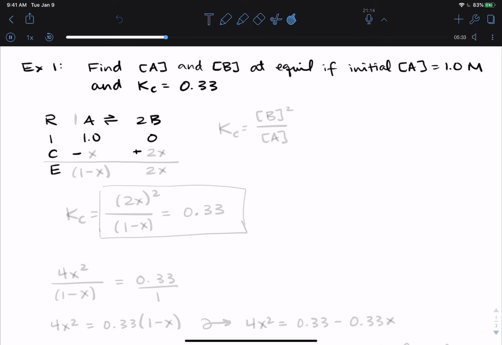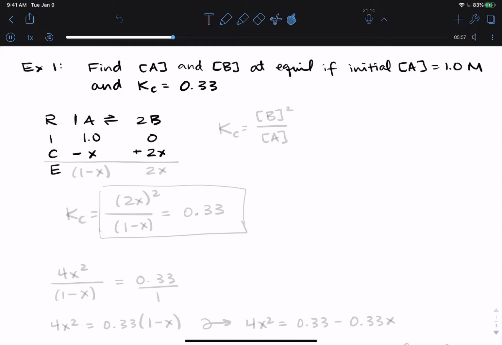Now, based on the stoichiometry, what's kind of nice about this is that you can just carry down the coefficients, right? So whatever it is, I'm going to lose 1x because my A has this coefficient of 1. I'm going to make 2x of B, right?